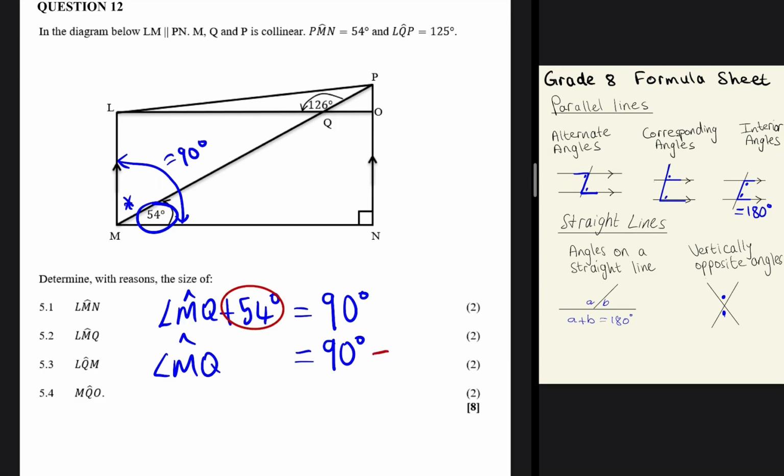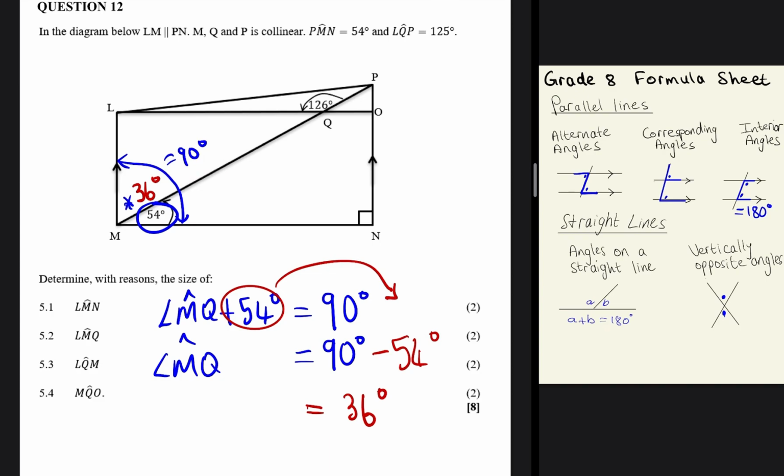So you move it over to the other side, and it becomes minus 54. And if you work out that answer, you will get 36 degrees. That means this angle LMQ equals 36 degrees. And now you can check. If you add this one plus that one, indeed you do get 90 degrees.